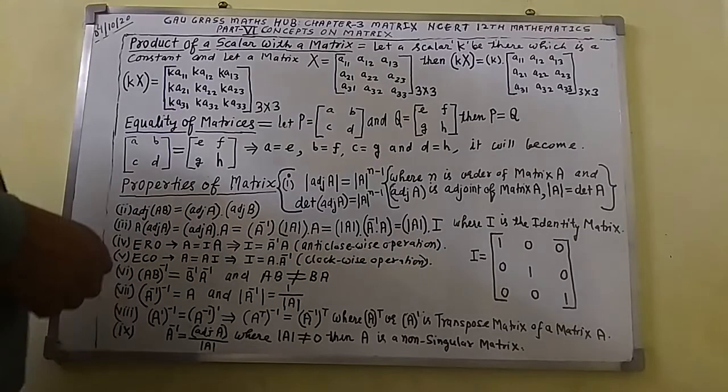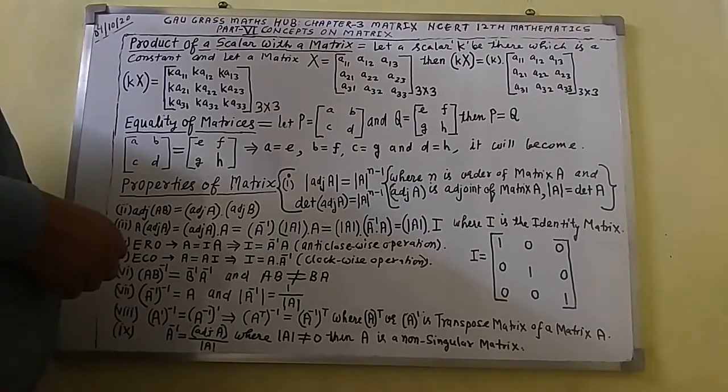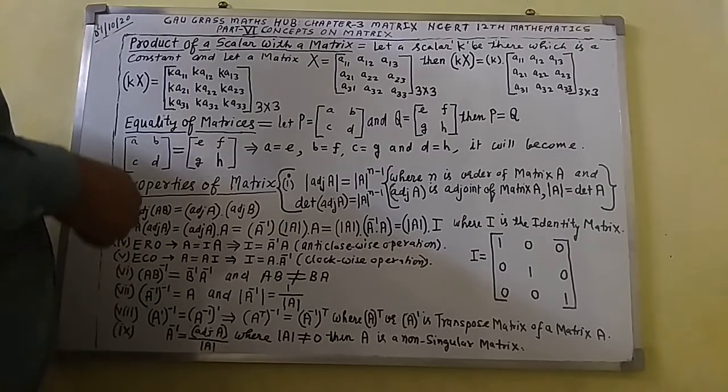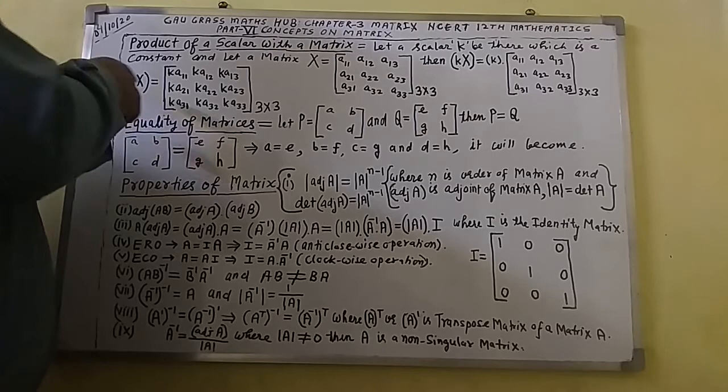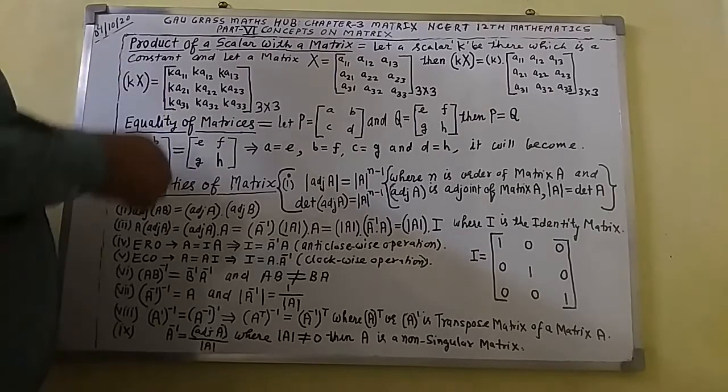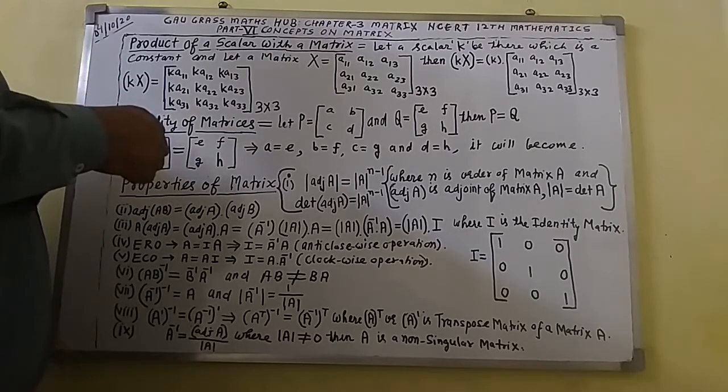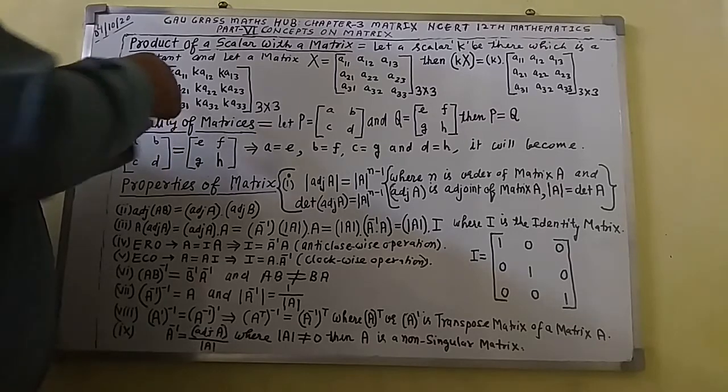When you multiply a scalar to the matrix, the scalar k will multiply to all the elements of the matrix.